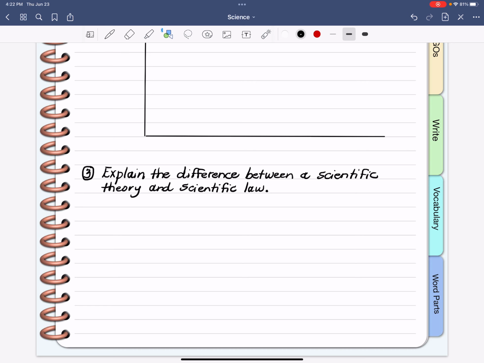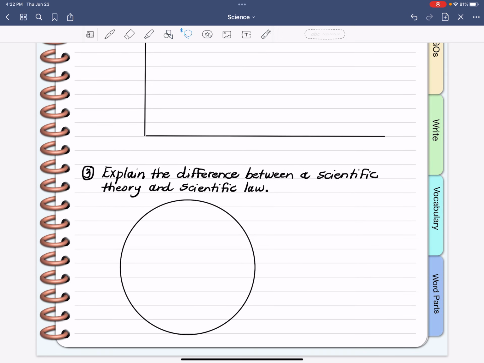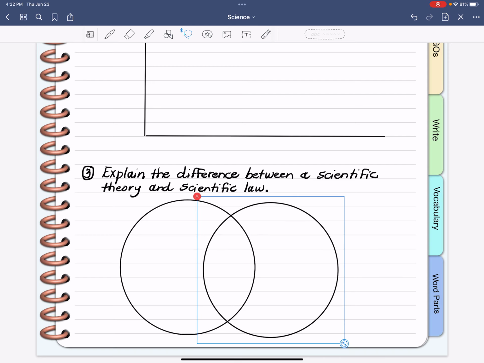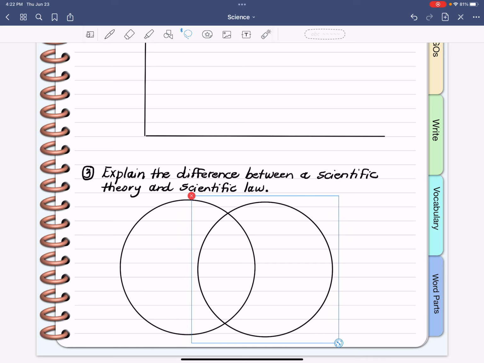And then to set this one up, I want you to draw a circle. And then I want you to draw another one just like it. And let them overlap. So use a coffee mug or something and just go ahead and set that up. This is called a Venn diagram.